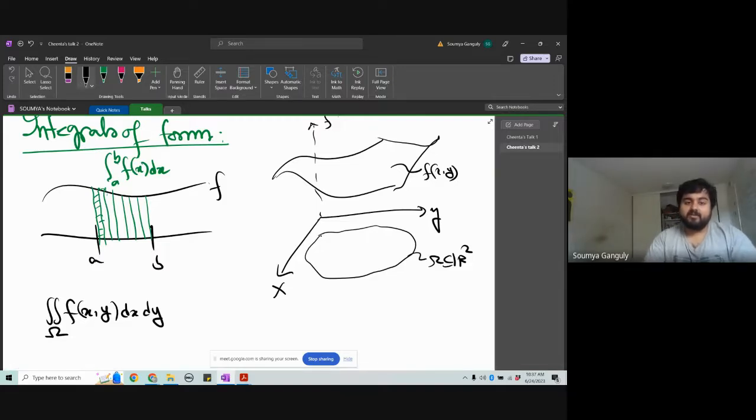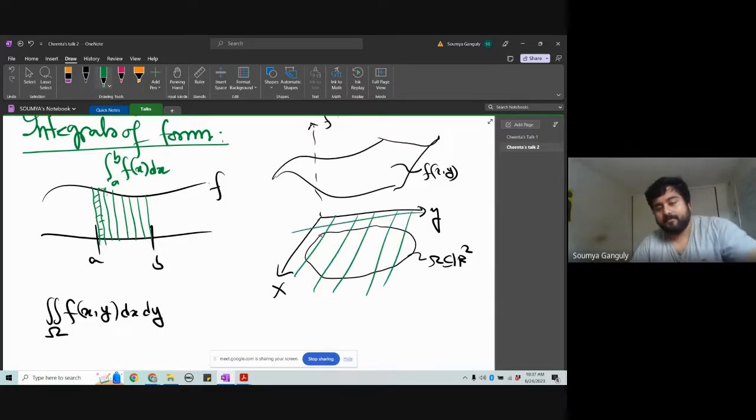Basically, here you divided the interval a b into small strips. You do the exact same thing. You divide this into small strips. And then, instead of an area, because you are one dimension higher, you calculate the volume of this object.